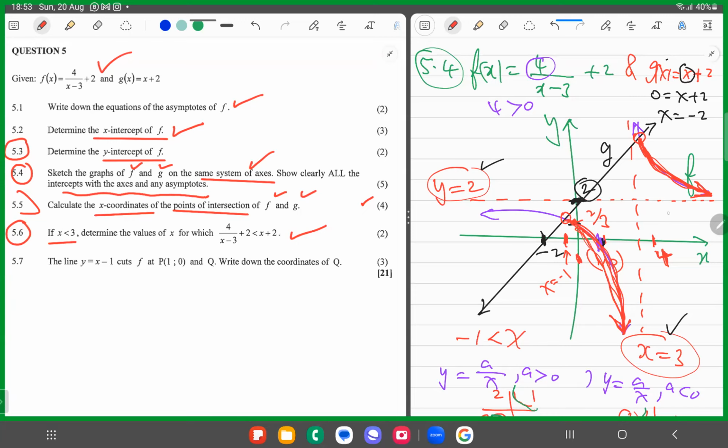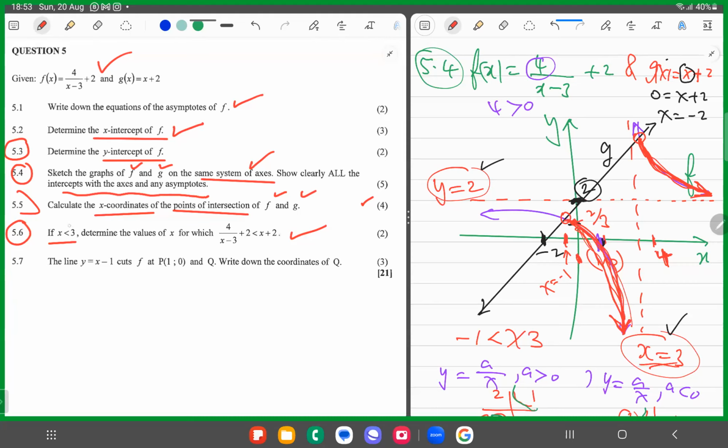And also now you can see that up to, for instance, 3, right? So up to 3, this is 3. So it will go up to here. It is actually below.